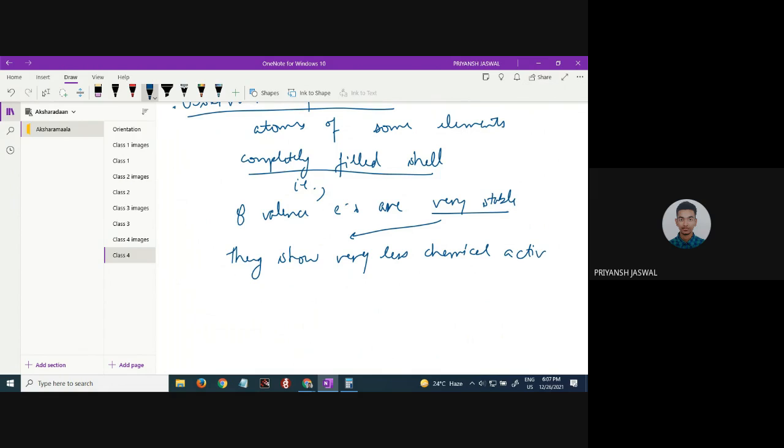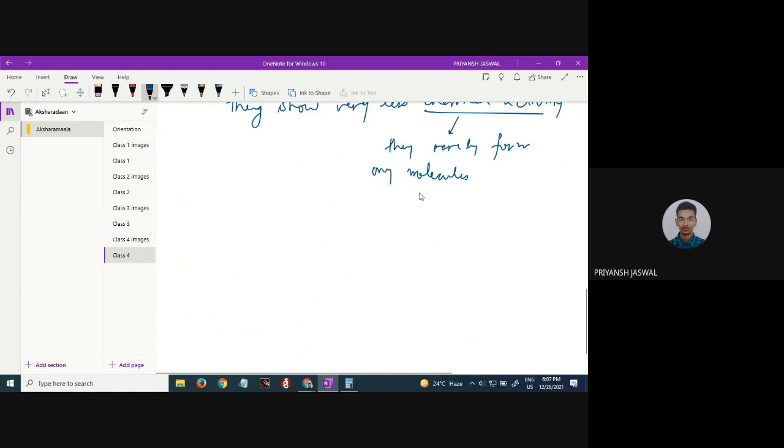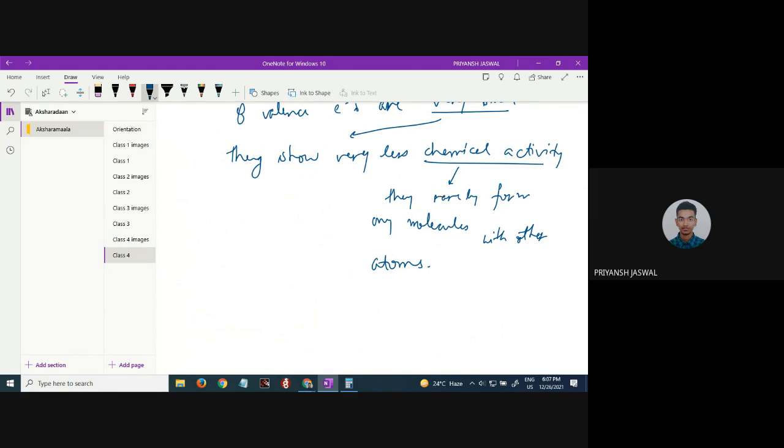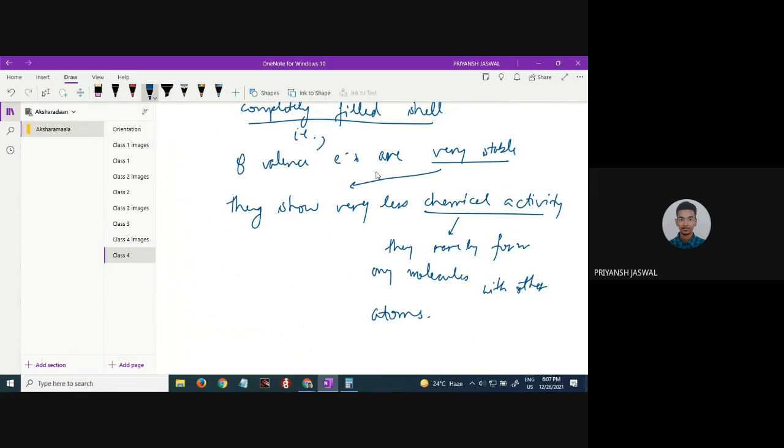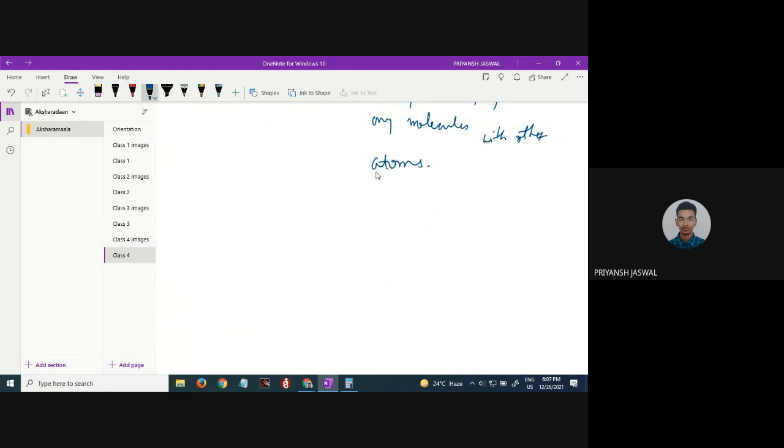And by chemical activity, it means that they rarely form any molecules with other atoms. And there is an exception also, like the number of valence electrons has to be 8.